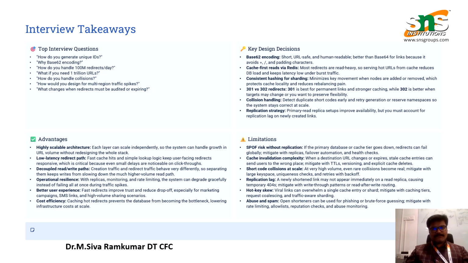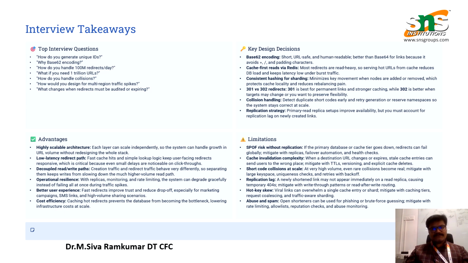Finally, let's summarize the key interview points. Interviewers commonly ask how unique IDs are generated, why base 62 encoding is used, how the system handles hundreds of millions of redirects, how collisions are avoided, and how the architecture scales to trillions of URLs.